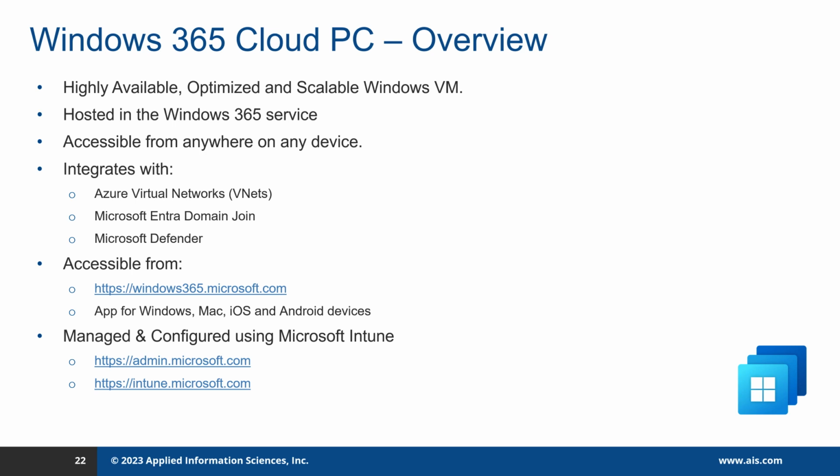It's accessible from anywhere in the world on a variety of devices, whether it's a web browser, iOS, Android, Windows. It also integrates with Azure Virtual Networks and supports Entra Domain Join and Microsoft Defender. Like I mentioned, it's accessible from windows365.microsoft.com, as well as a variety of different clients across a variety of devices. It's also managed and configured using Microsoft Intune.